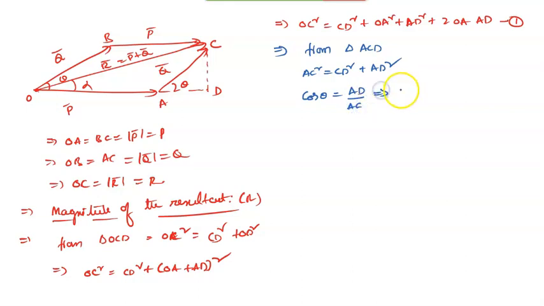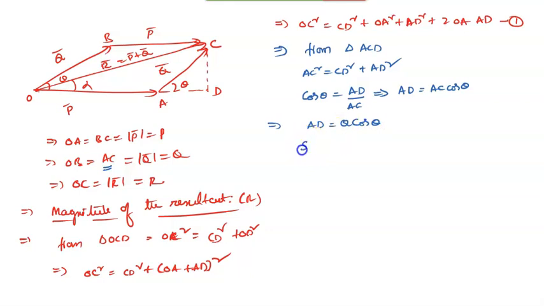That implies AD is equal to AC cos theta. So here what is AC? AC is equal to Q. AD is equal to Q cos theta.